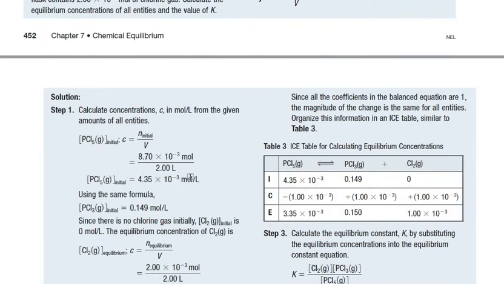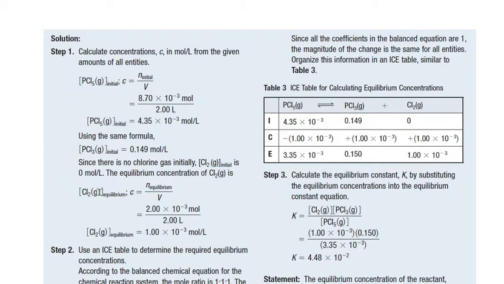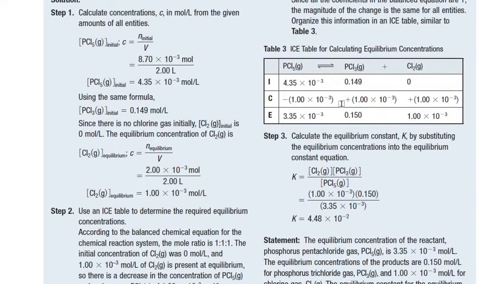We do the same thing for PCl3, the concentration. And we also find the equilibrium concentration for Cl2 by dividing it by volume. Then we construct the ICE table. These are the initial concentrations. Chlorine is 0. Then we have changes, minus x, plus x, plus x.